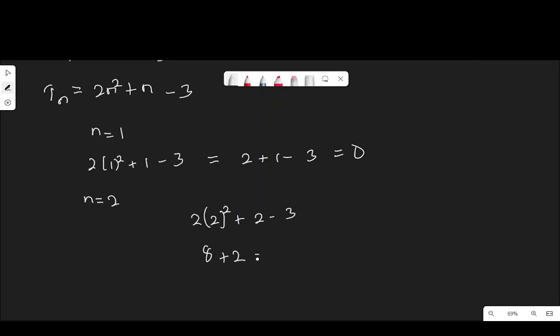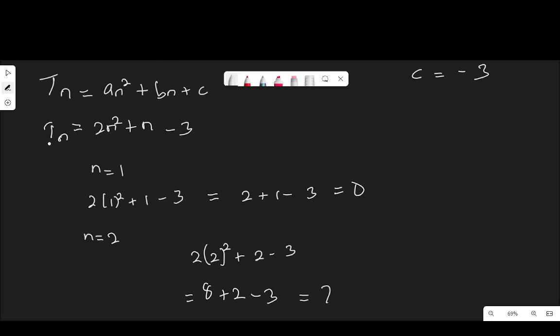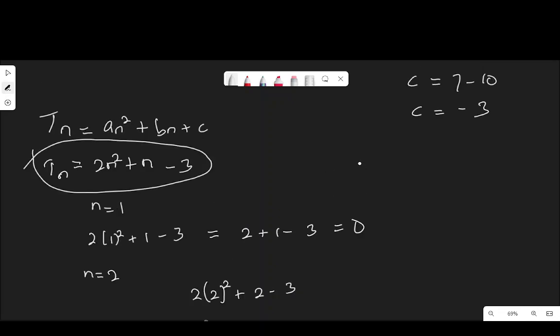Plus 2, minus 3. 8 plus 2 is 10. 10 minus 3 is 7. That means the formula Tn is equal to 2n squared plus n minus 3 is correct for that sequence.